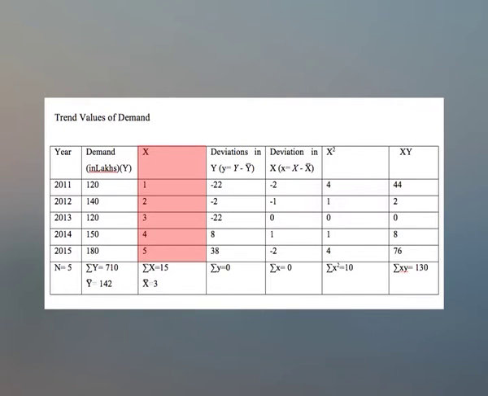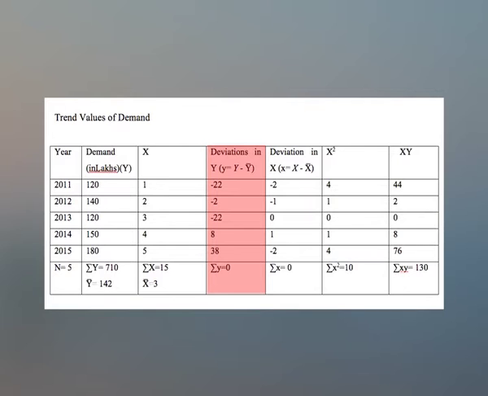Now next column we have x, which is 1, 2, 3, 4, 5, and that is for the number of years given to you. And the next column is of deviations, which will be found by putting the formula, that is y is equal to y minus y bar. So for the first year we will get minus 22. For the second year, which is 2012, we will get minus 2. For the third year, that is 2013, we will have minus 22.